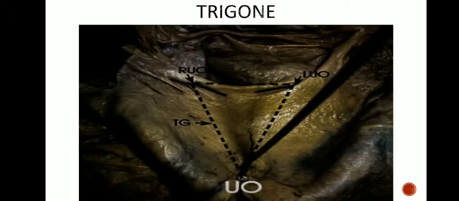Now this trigone of the urinary bladder, as you can see in the cadaveric picture, presents a handful of features: the uvula, the interureteric ridge or bar of Mercier, and Bell's bar.